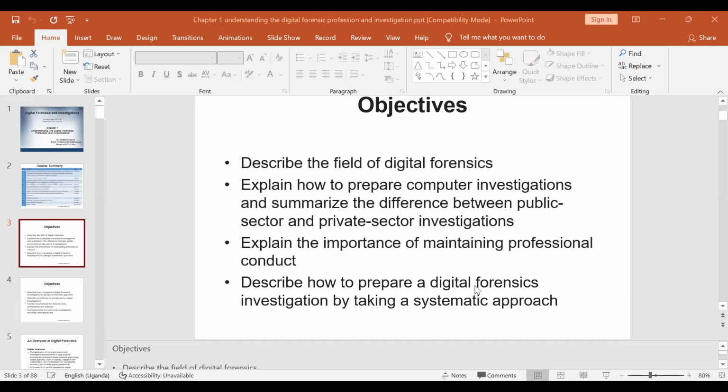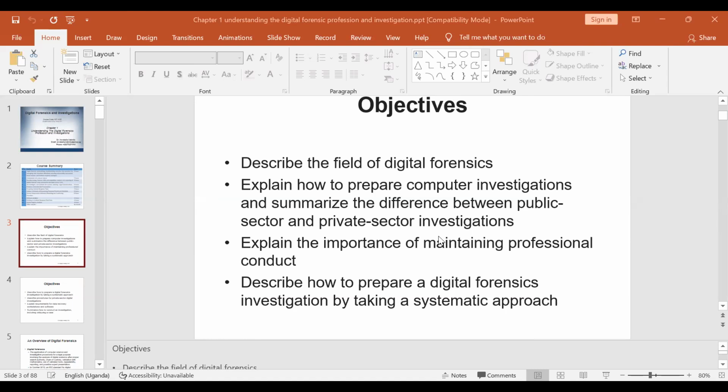Okay, so for chapter 1, we were just doing some quick basics of the definitions. At least we need to know what our definition of digital forensics is. We should be able to explain how to prepare a forensic investigation, whether it is public or even private.